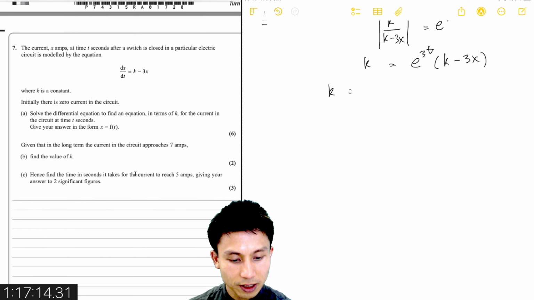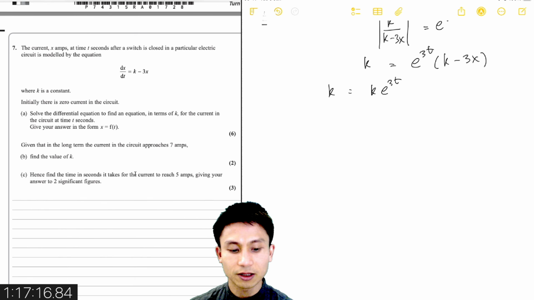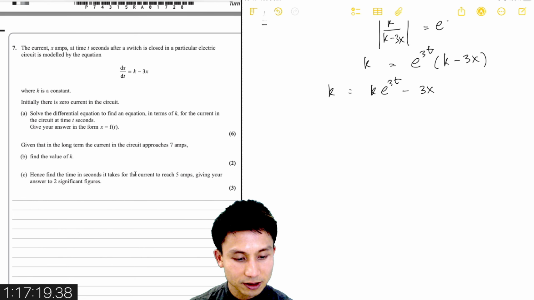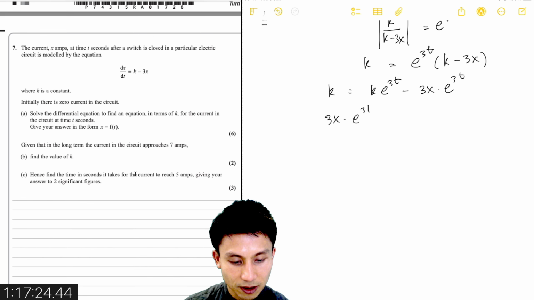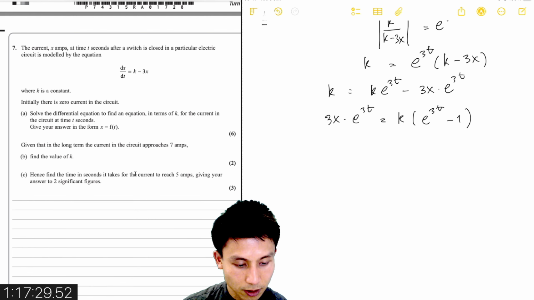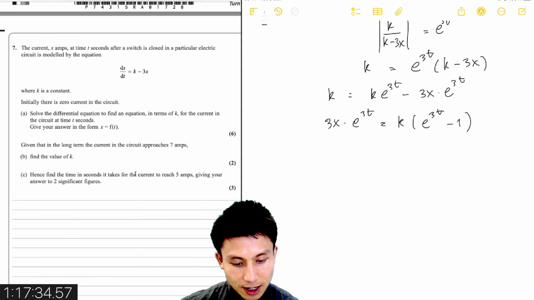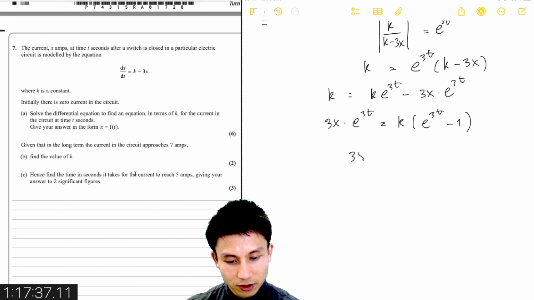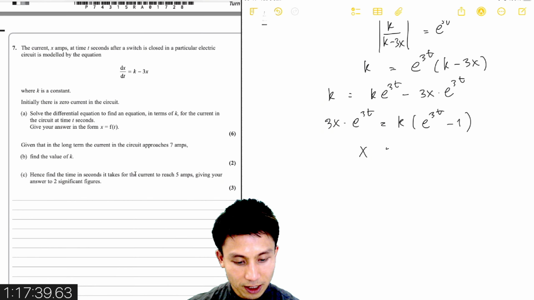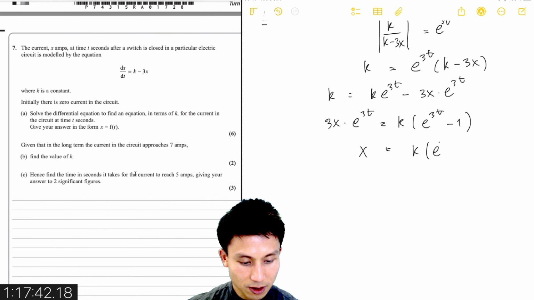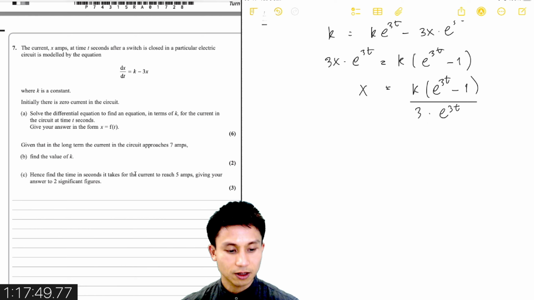And then expanding them, I get k e to the 3x... sorry, k equals e to the 3t times k minus 3x e to the 3t. And then if we isolate for x, moving k to the other side, we get 3x, or if we want, we can do x already. x equals k times e to the 3t minus 1, all divided by 3e to the 3t.